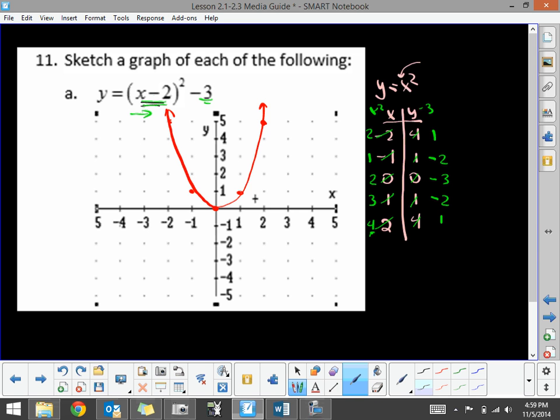So I should see the ordered pairs 4, 1, 3, -2, and 2, -3, and 1, -2, and then 2, 1.